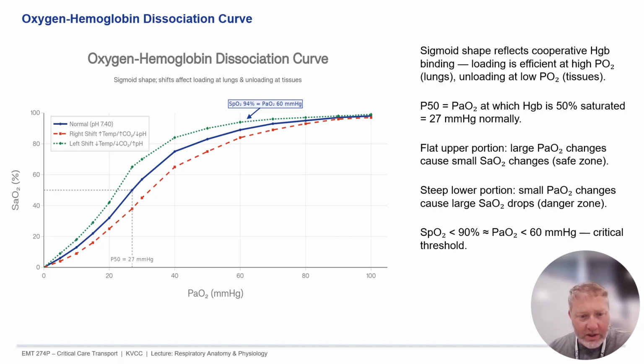The P50, and I don't think you can see my cursor, but that's about a quarter of the way up the slope there, is the PaO2 at which hemoglobin is 50% saturated, and that's normally around 27 millimeters of mercury. This is the reference point for the curve shifts as they go away from baseline, either left or right.